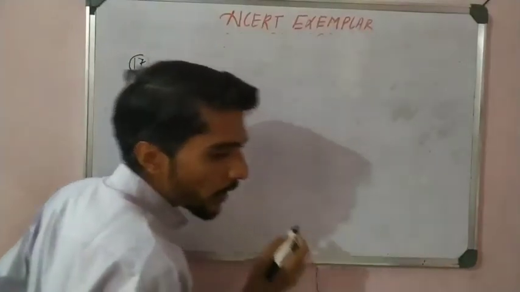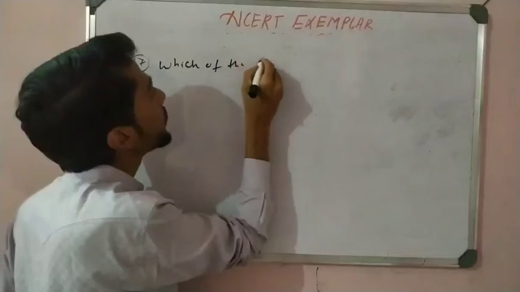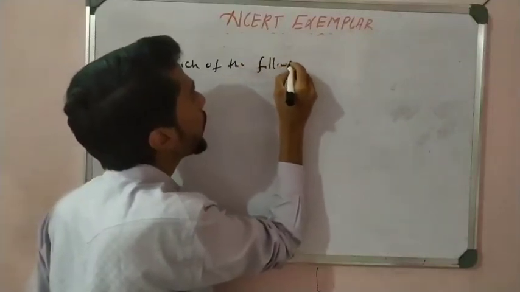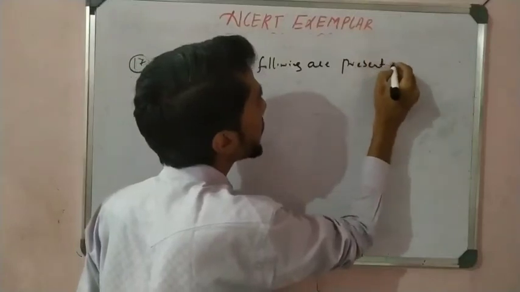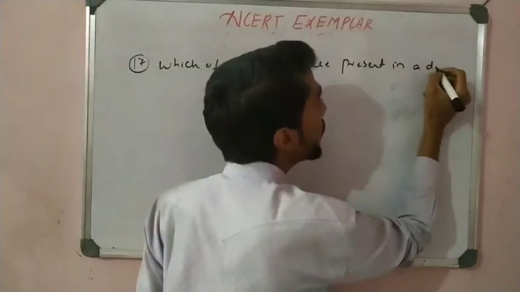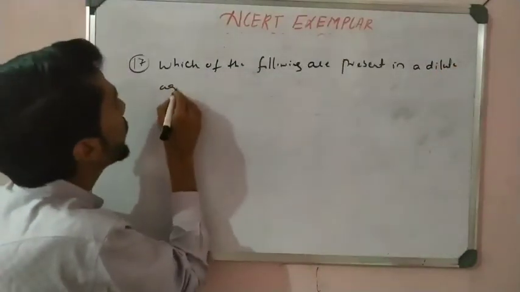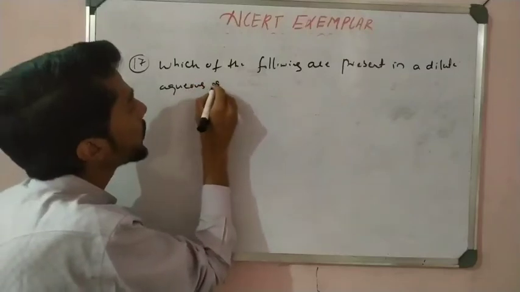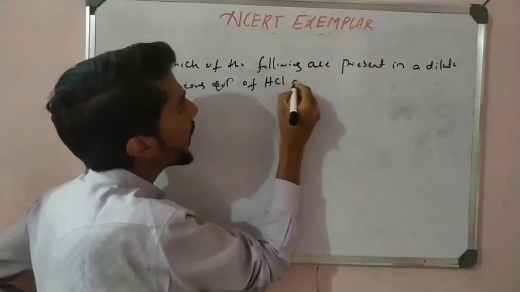Which of the following are present in a dilute aqueous solution of HCl acid?